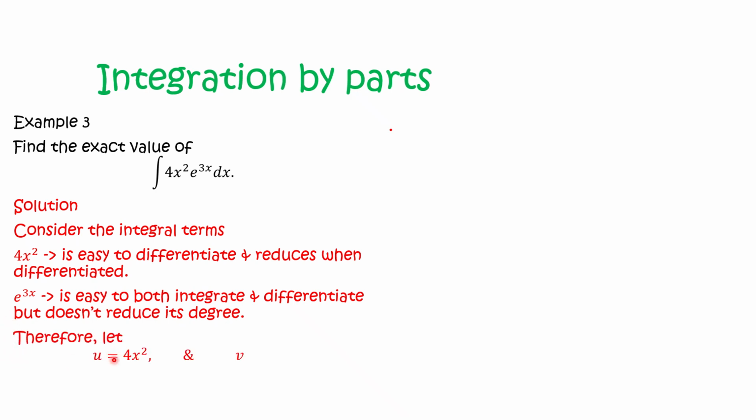Therefore, let u be equal to 4x squared and the v prime be e to the 3x, implying that our u prime becomes 8x and our v becomes 1 over 3 times e to the 3x.